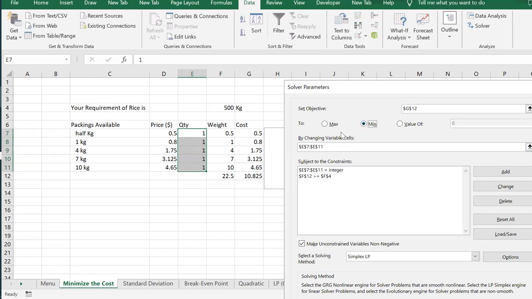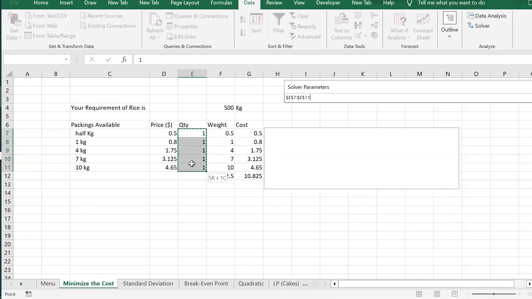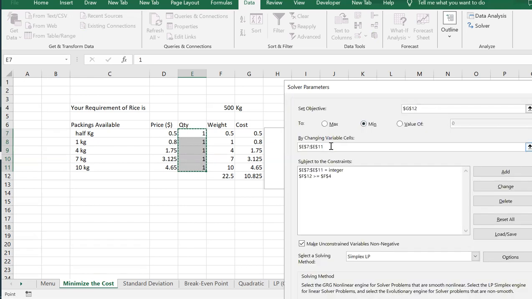That's it. Okay. And then we are going to tell what is the range we will be changing. We will be changing this quantity only, and get the result.